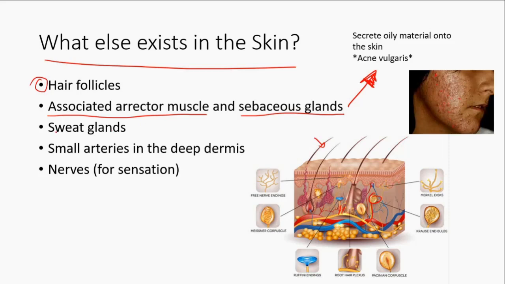Another thing that's inside your skin is your sweat glands. Remember, we talked about your sweat glands. They're important for your thermal regulation. Also, there are small arteries in the deep dermis, veins as well, of course, and lymphatic vessels.